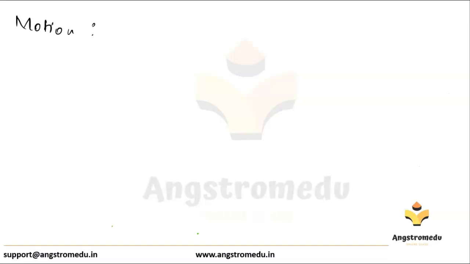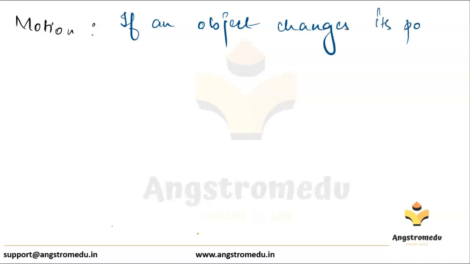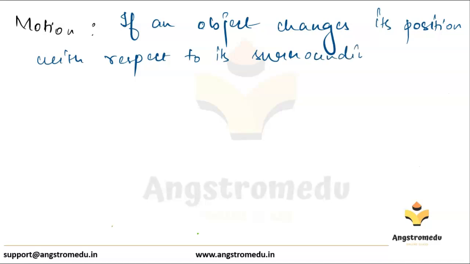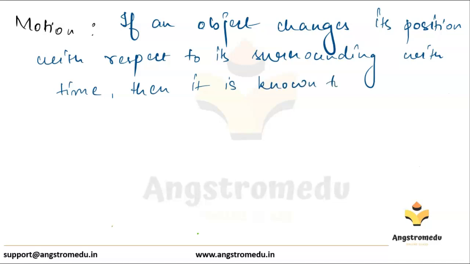If an object changes its position with respect to its surroundings with time, then it is known as motion. Then it is known to be in motion.